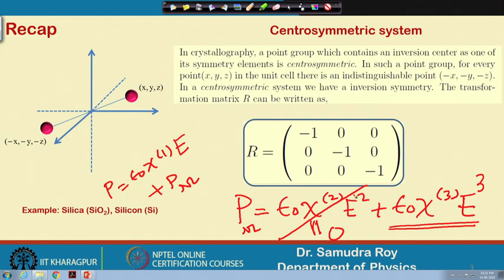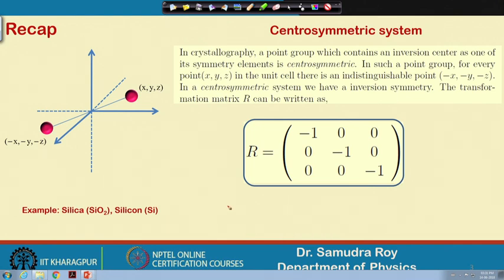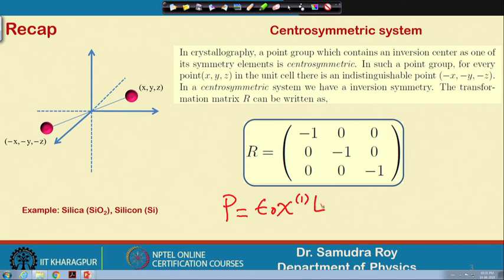Chi3 is the first higher order effect that one should consider if the system is centrosymmetric in nature. So, the total polarization in a centrosymmetric system will be the linear part, epsilon 0 chi 1 E, which is proportional to E, plus the second term, which will start from Chi3, not Chi2, because Chi2 is 0.